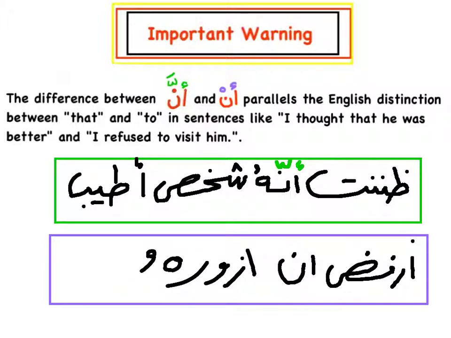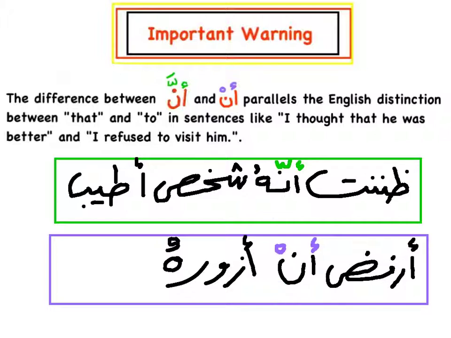So, if you eliminate, you will know that this is أنه, أنّ. So, أرفض أن أزوره. Here, أن is followed by a verb, أزور, I go to him. And so that's the difference between that and to.